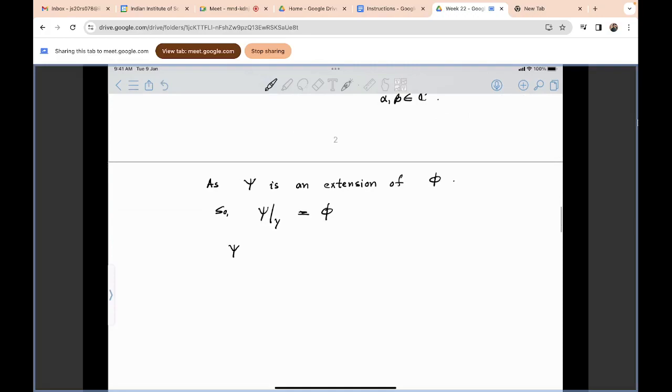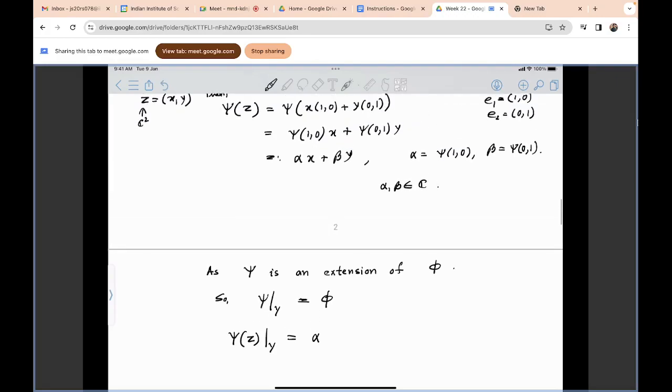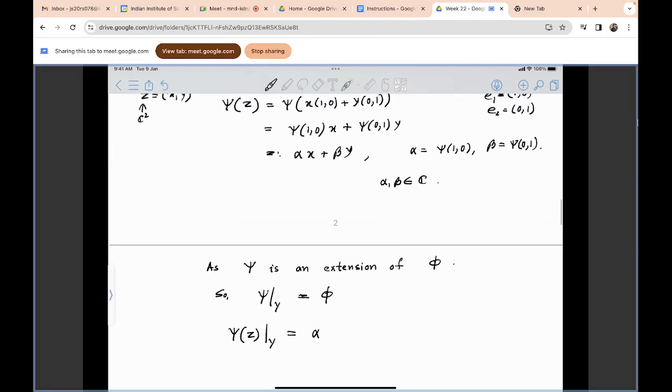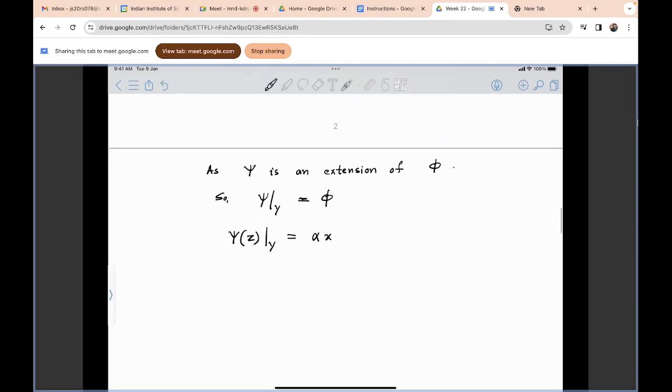So if we restrict psi of z to Y, then z is (x, x), so it becomes alpha x plus beta x, so (alpha plus beta) x.